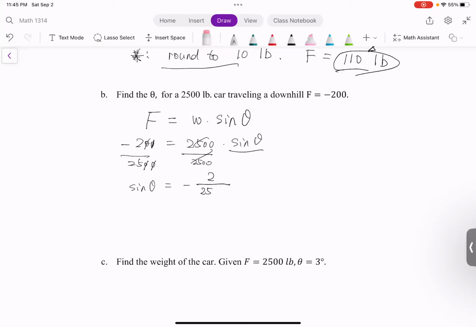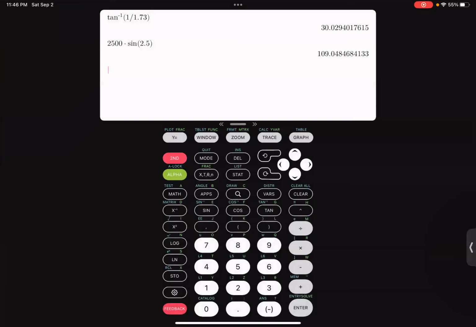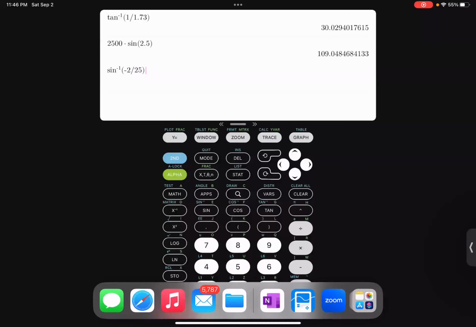And then let's find theta. Use the inverse function property. Theta equals inverse sine of negative 2 over 25. Then use our calculator to find the angle theta and round to 4 decimal places. Let me check if I have any mistake. No mistake. So let's go to the calculator. Second, inverse sine, then negative 2 divided by 25. Is that correct?